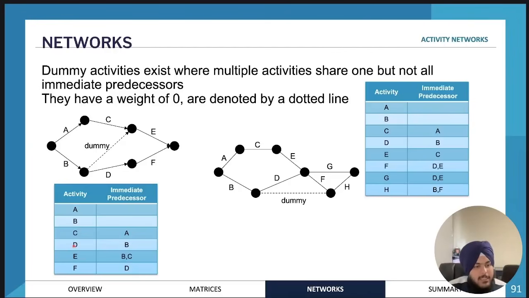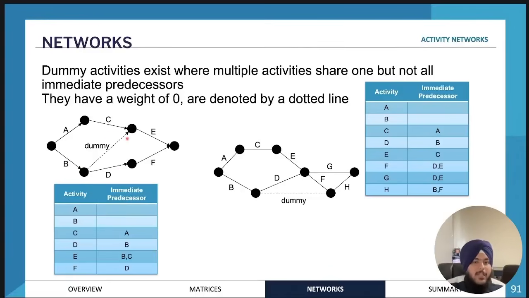So for example, activity D has an immediate predecessor of activity B. But activity E has immediate predecessors activity B and activity C. So that's a little bit of a problem because when we're drawing up activity E, if we draw the line going from activity B all the way to activity E, and then we draw activity D as well, that will show that activity C and activity B are the immediate predecessors of activity D. But that's not really the case. It's only activity B. So we draw a dummy activity.